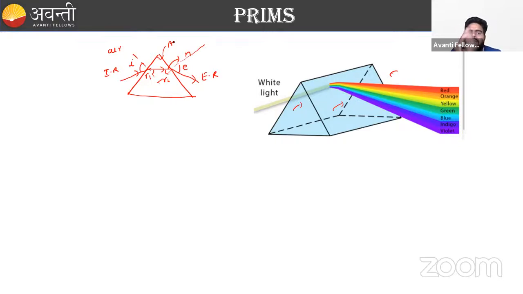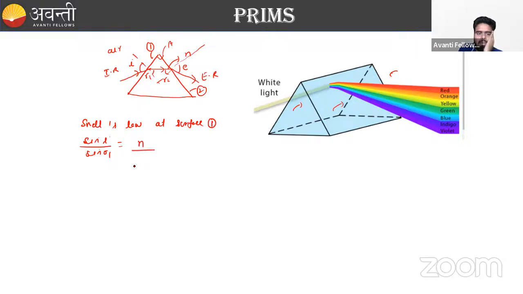So we can apply Snell's law at the two surfaces. Say this is surface 1 and this is surface 2. If we apply Snell's law at surface 1, then by Snell's law, sine I upon sine R1 must be equal to the refractive index of medium 2, that is n, upon the refractive index of medium 1, that is 1.